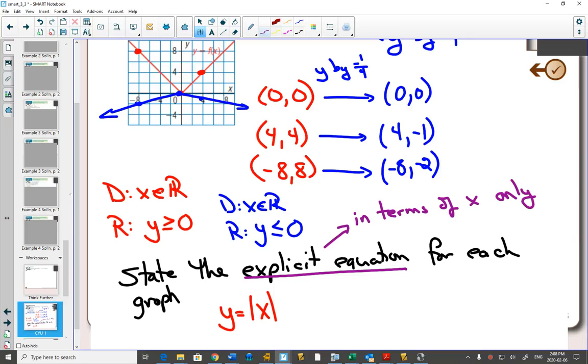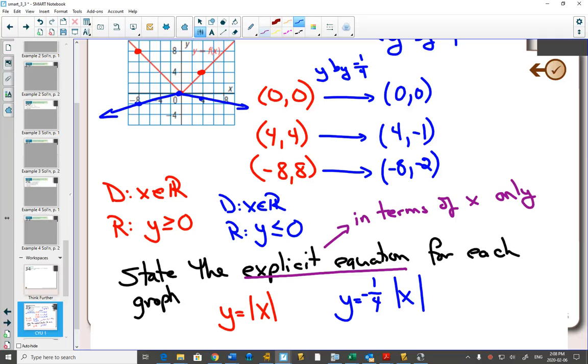So if the function was y equals the absolute value of x, does it make sense that the blue equation is just the absolute value of x with a -1/4 in front?